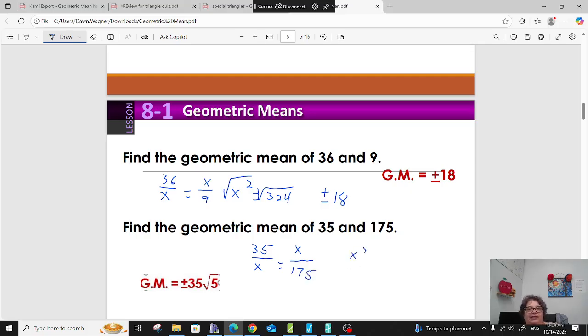So I'm going to leave this as 35 times 175, and then I'm going to take the square root, okay? So x equals plus minus the square root of 35 times 175. Well, I already know a perfect square that goes into 175. It's 25. So I could just say, this is 35 times 25 times, how many do I have? 6, yeah.